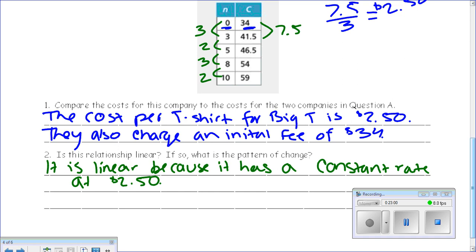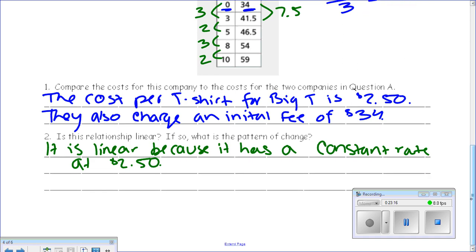So if we go on to 3a, it says, would the point 20, 84 lie on the graph? Well, let's create our equation for this. I'm going to create it at the bottom of our last page. We know to have a linear line, we want y equals mx plus b. That's the equation we have. Our b is our y-intercept, which is that initial price that Zane was telling us about. Zane, what did you say our initial was? 34.